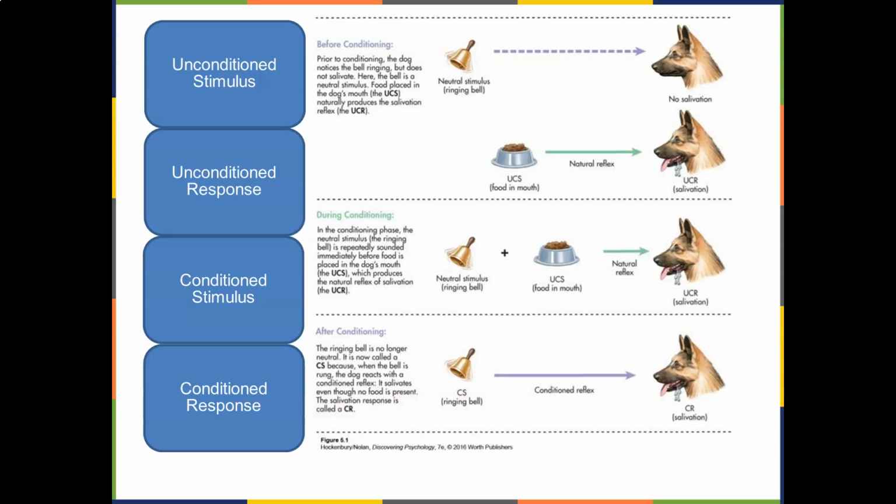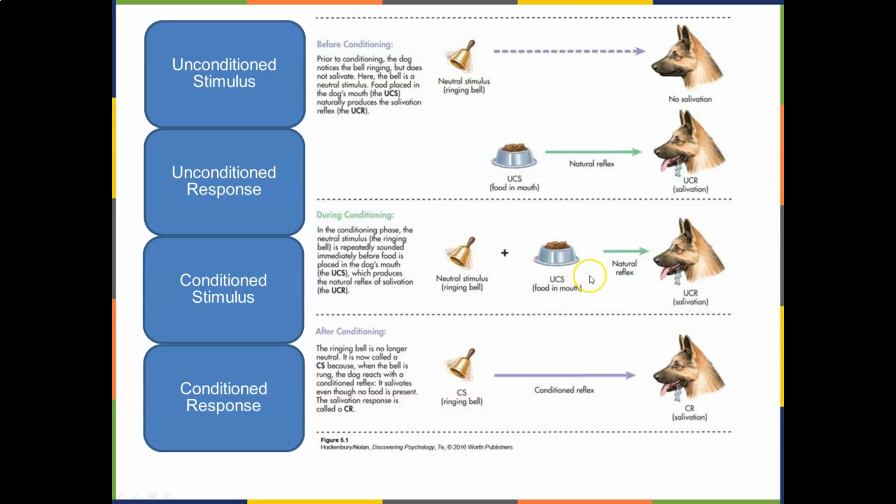That got Pavlov thinking: what would happen if I had another stimulus right before I presented the dog food? In this example, the stimulus was a ringing bell. Pavlov would ring the bell a couple seconds before presenting the dog food.